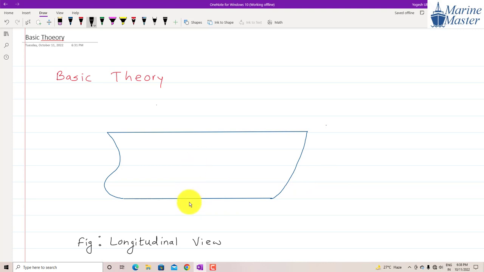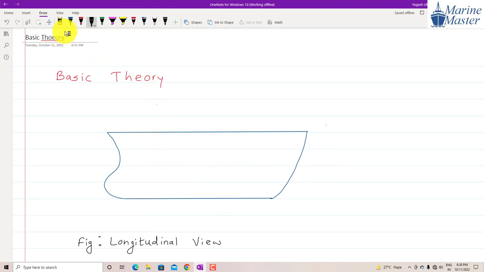And the third one is the vertical direction, from keel to deck or deck to keel. So these are the 3 directions we are going to see. I will explain all these things. So this is a longitudinal view of the ship.